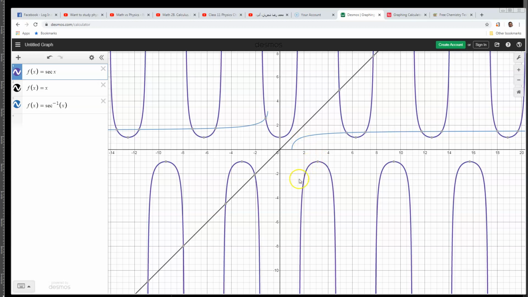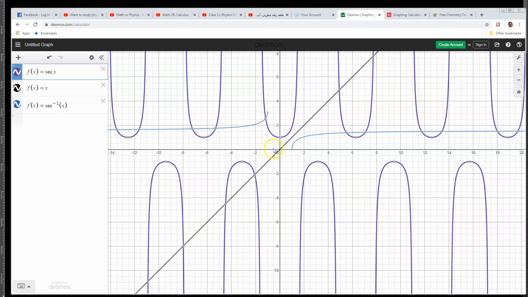And then this branch over here, through this line, is going to give you this branch over here, meaning that this branch and this branch are symmetric about this line, and then this branch and this branch are symmetric about the same line. And that's basically how this function works. And of course you can see that from the domain of the function, we had to exclude all the values between -1 and +1.